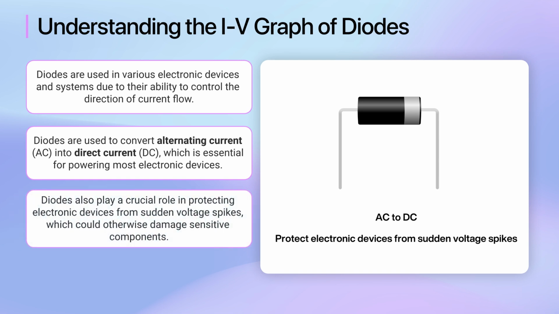Diodes also play a crucial role in protecting electronic devices from sudden voltage spikes, which could otherwise damage sensitive components. By understanding the behavior of diodes, engineers can design and optimize a wide range of electronic systems, from simple battery chargers to complex communication devices.